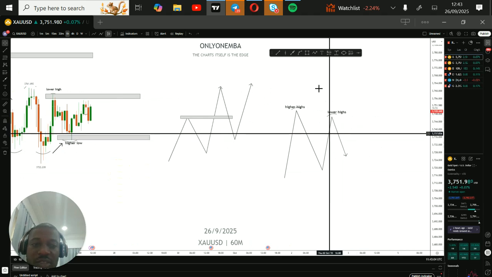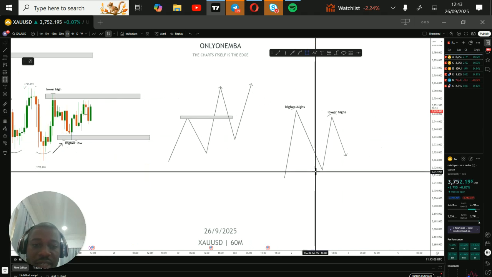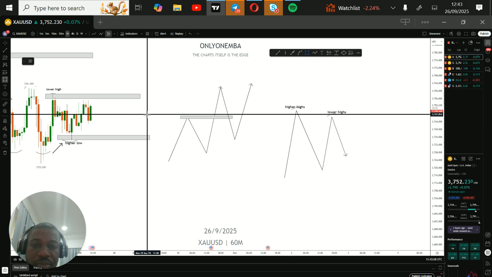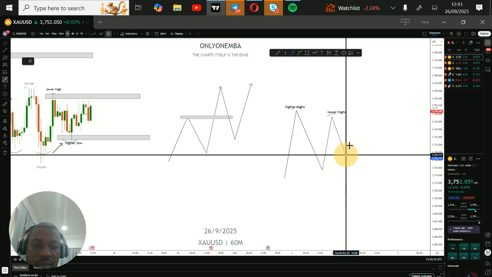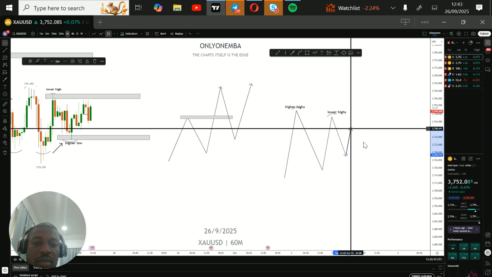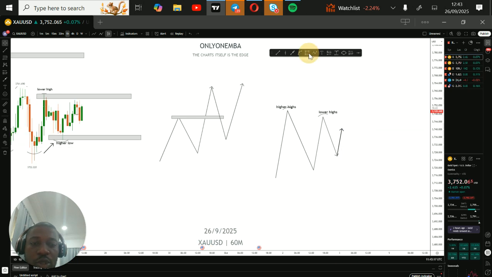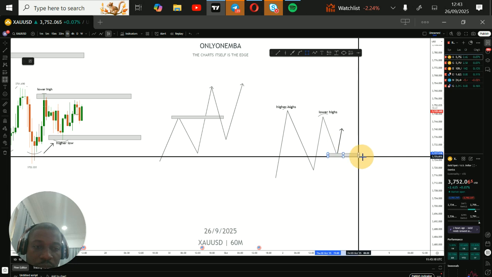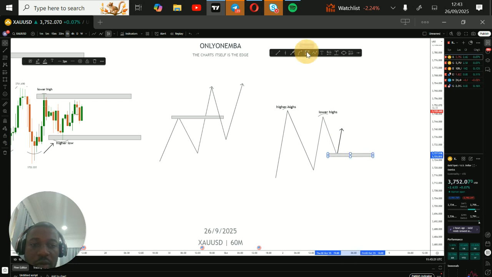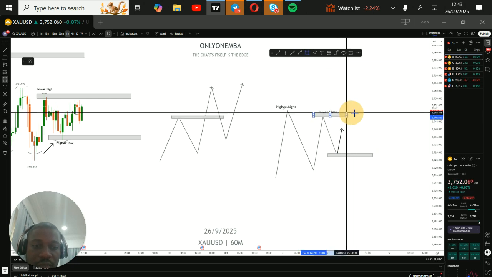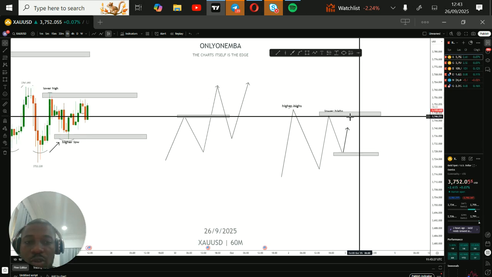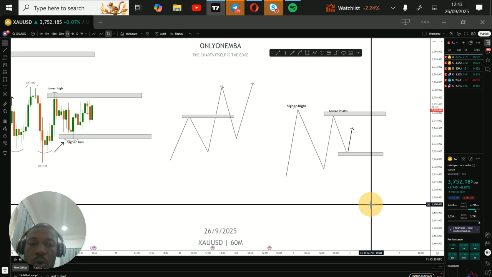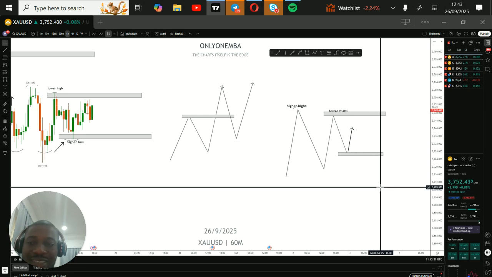So now the scenario is like this. We have our higher low and then our lower high. This is where most people get it wrong, that you start looking for buyers inside here. No, the market has not shown us its hand.